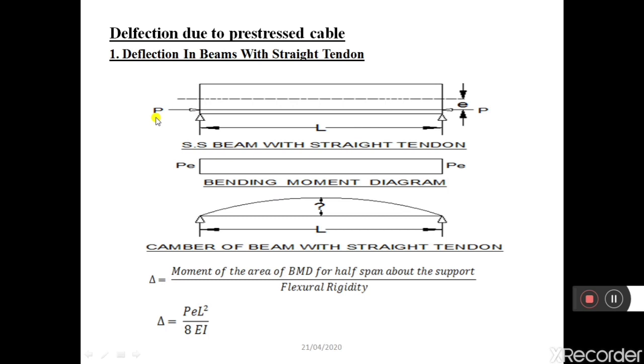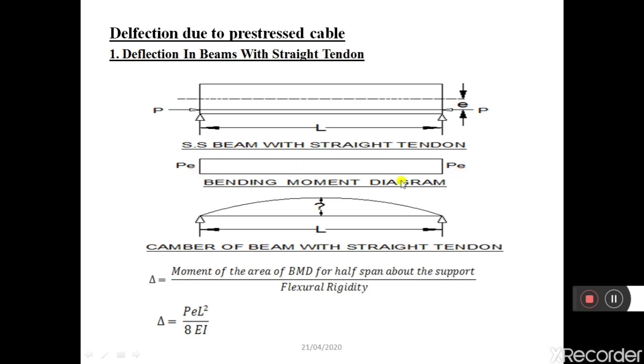Due to the eccentricity of the cable, there is a bending moment induced in the beam. What is that bending moment? We all know that moment is equal to force into perpendicular distance. Here the force is applied along this cable, and this cable has an eccentricity of e with respect to the CG of the member. Therefore, moment is equal to force into perpendicular distance, that is, force into eccentricity, P into e.